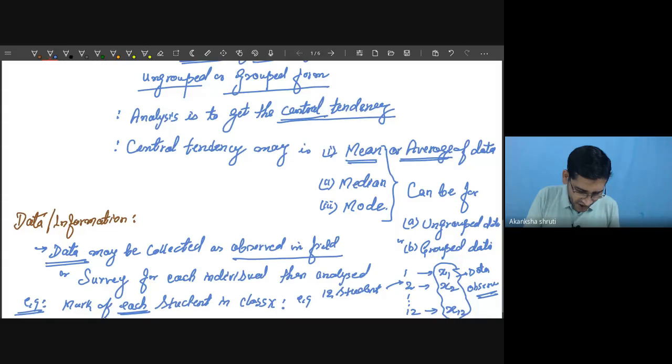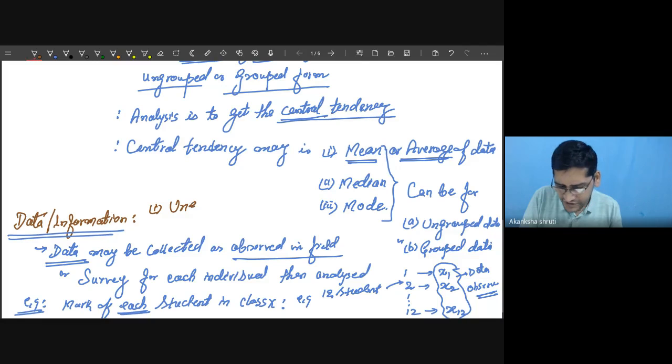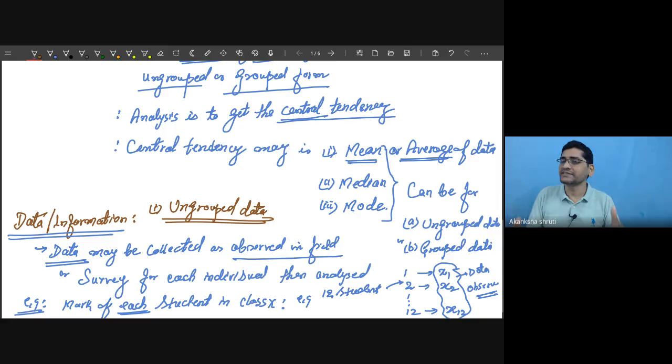So this data or information can be in the form of ungrouped data that I have written here. So what is this ungrouped data? Ungrouped data simply means the data collected for individuals and kept for analysis as it is observed during the survey.